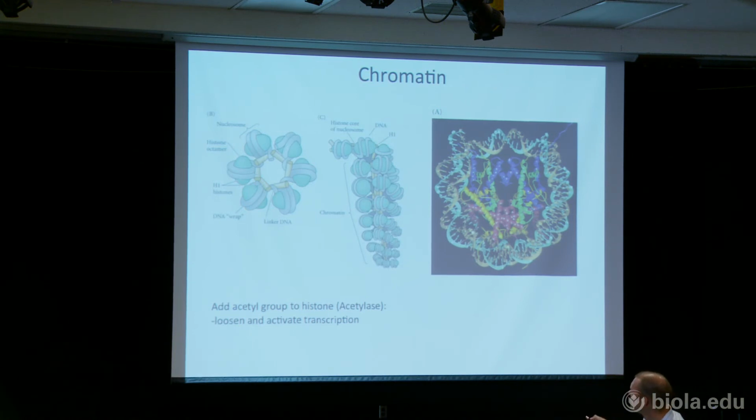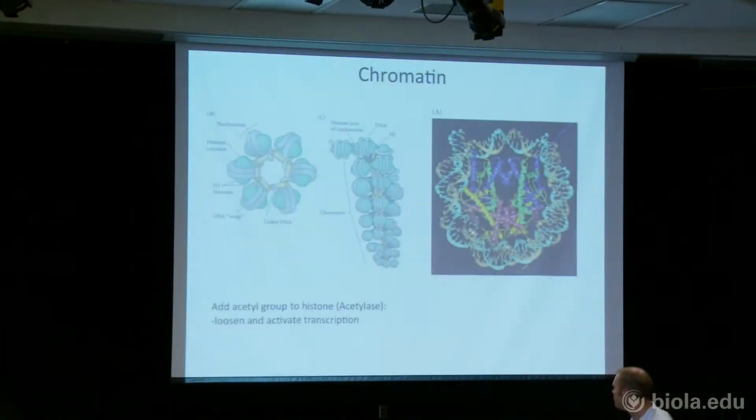Okay? So even if I have my portion of the genome in euchromatin, right? It's unraveled pretty much as the genome is in cells. It's still going to be wrapped around by those histone octamers. So if I'm actually going to transcribe that region, it has to be condensed at least to that level, and then I've got to release it from the histones.